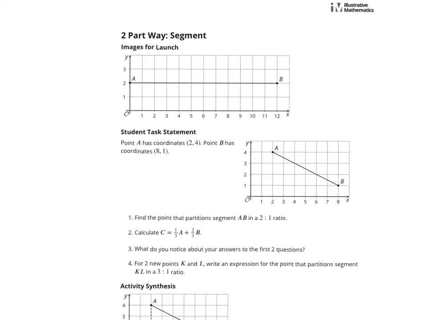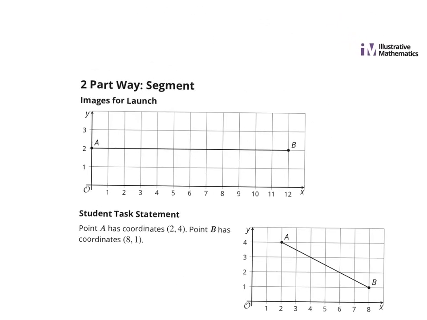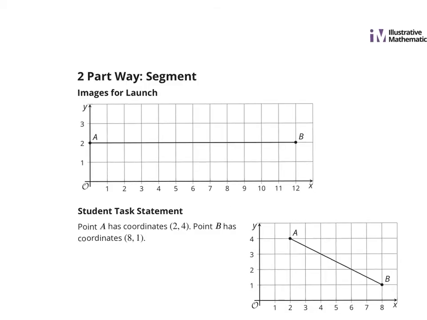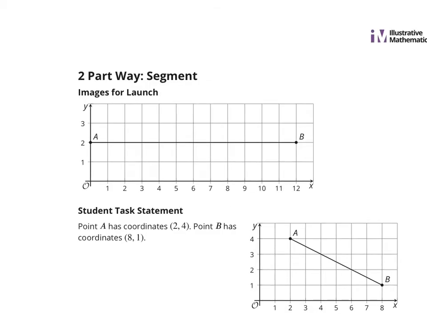First, I'm going to zoom in so we just see this one, the images for launch. What point would partition segment AB into a 1 to 2 ratio? That is, if that point were C, we want the length of AC compared to the length of CB to be 1 to 2.